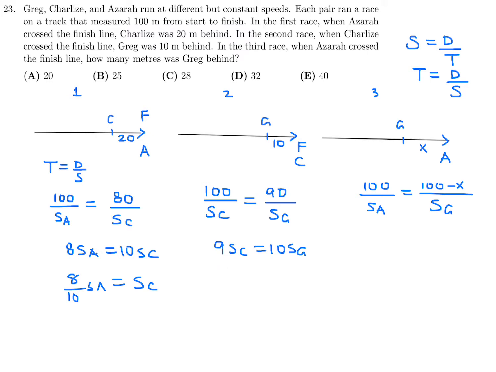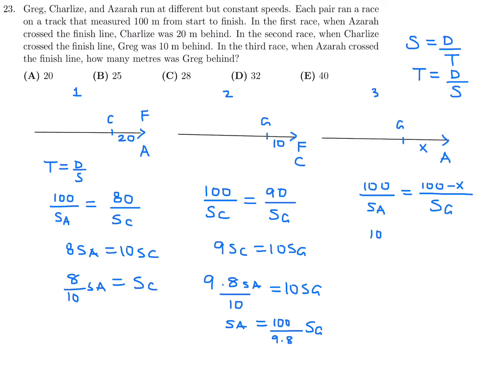So that would be 9 times SC, which is 8 times SA over 10, is 10 SG. And therefore SA is going to be 10 times 10, which is 100, over 9 times 8. SA is going to be equal to that SG. Okay, perfect. Now I substitute that into there.